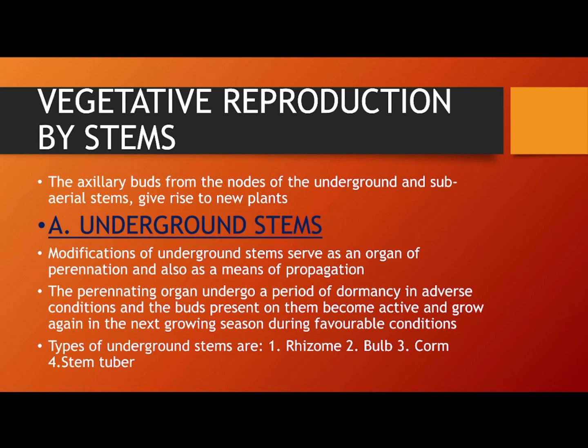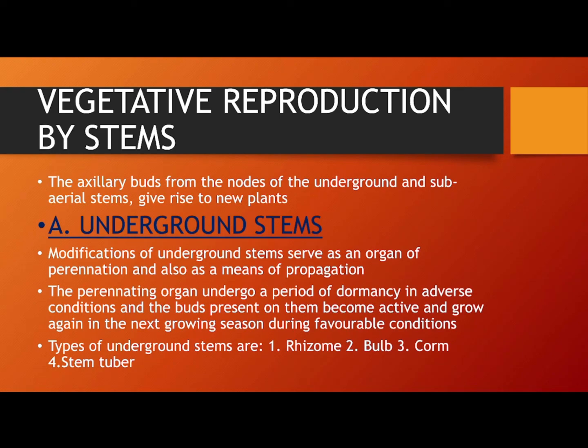The buds that are present in these underground stems become active and give rise to a new plant only at the time of favorable conditions. In unfavorable conditions, they remain inside the soil undergoing dormancy. But once they come across favorable conditions, they start growing into a new plant.